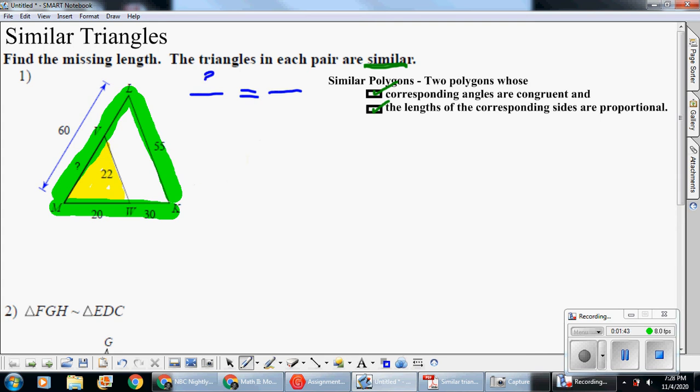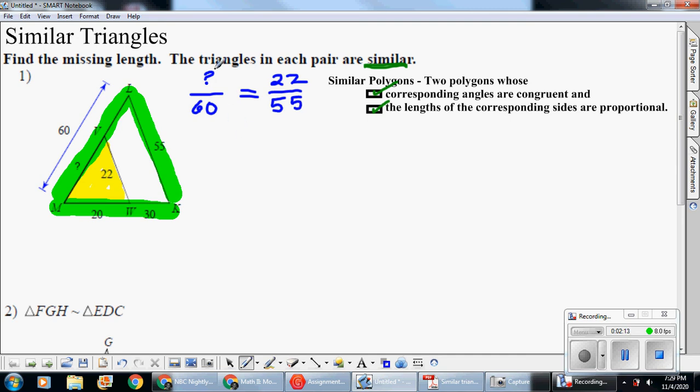The left side of the yellow triangle corresponds to the left side of the big triangle, so question mark is to 60. Now pick another side that you know. I'm going to pick this one, 22 from the yellow triangle. That is the right side. The right side of the big triangle is 55.